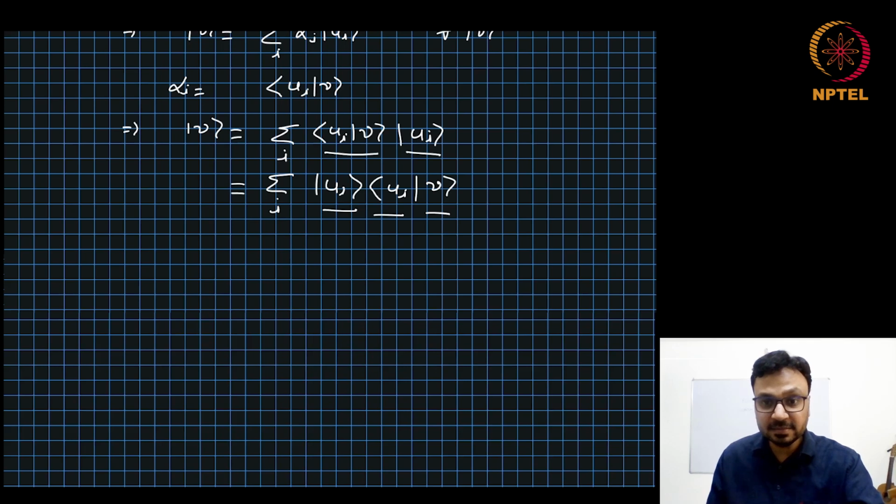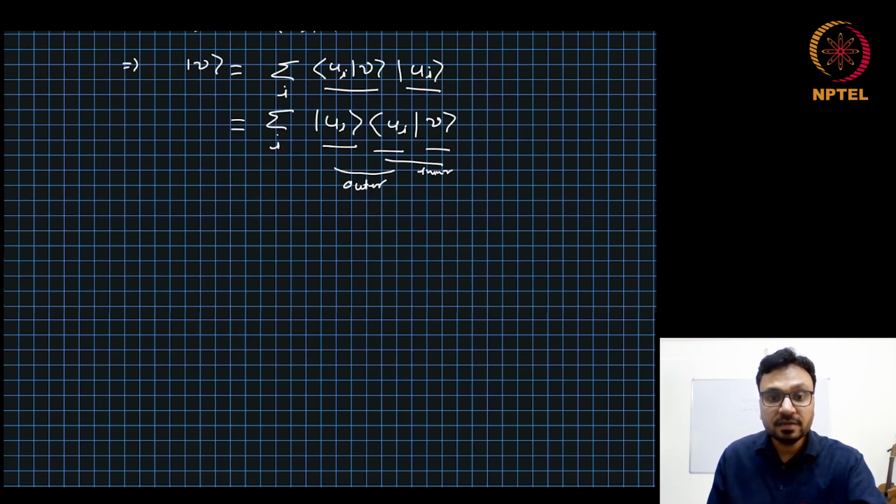In some way, this is the scalar product, this is the operator product, the outer product it's called, and this is called the inner product. We can redistribute it since the summation is over i, we can take all this, and this is V.